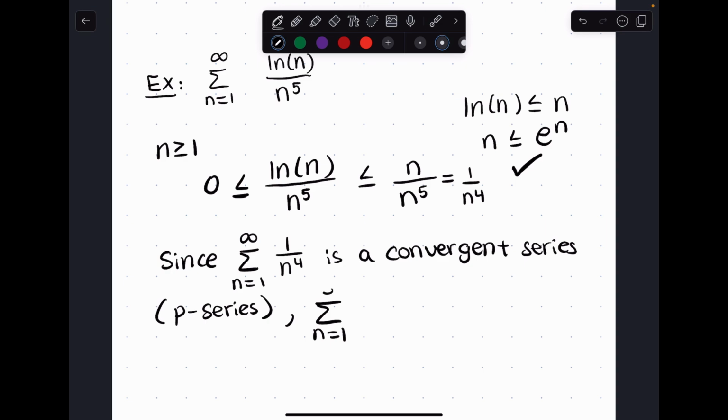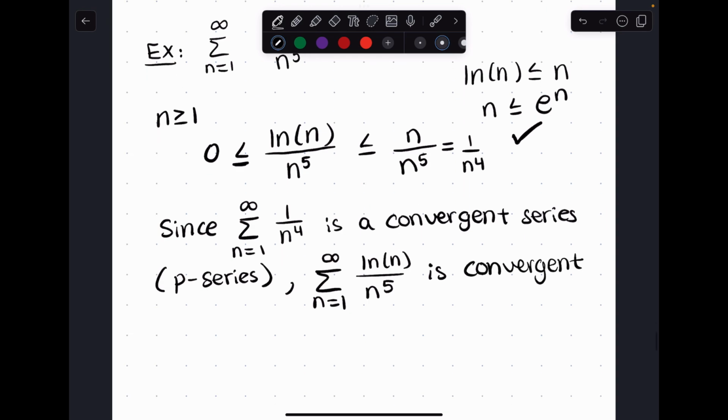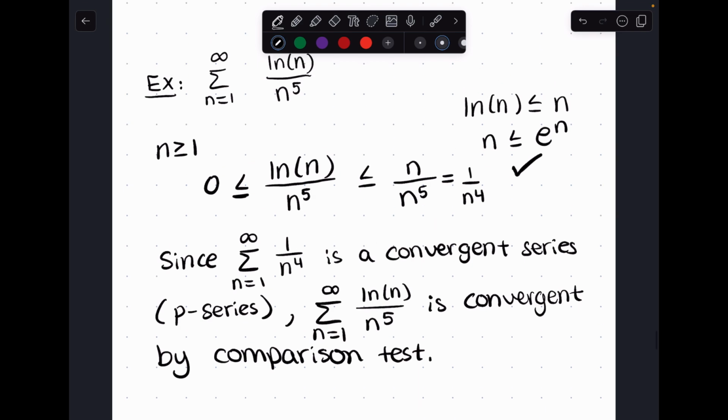The series from 1 to infinity of natural log of n over n to the fifth is convergent by comparison test. So we compare the series terms, and then we can make a conclusion about the series.